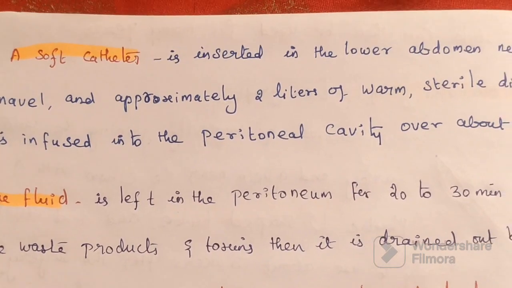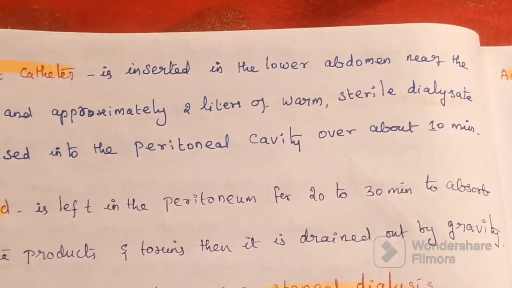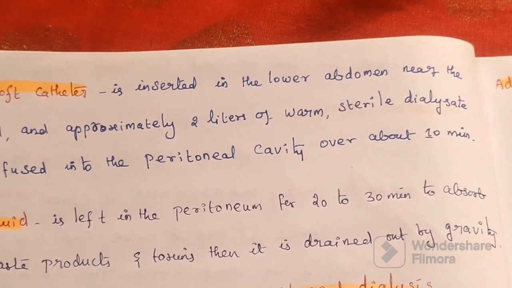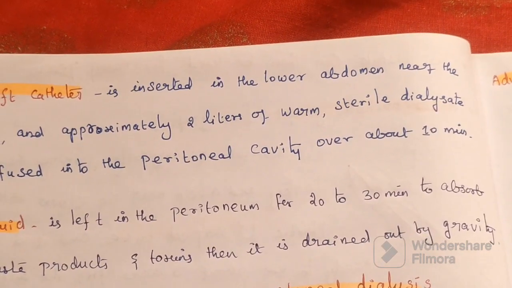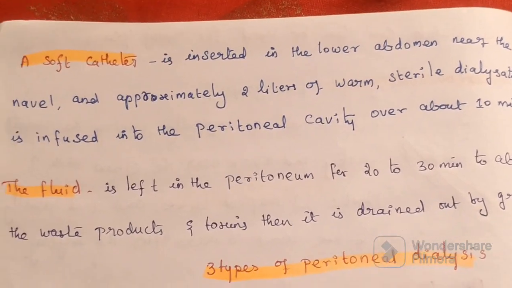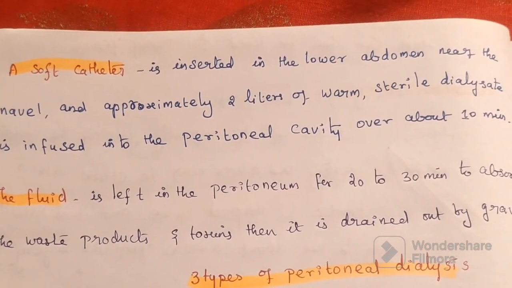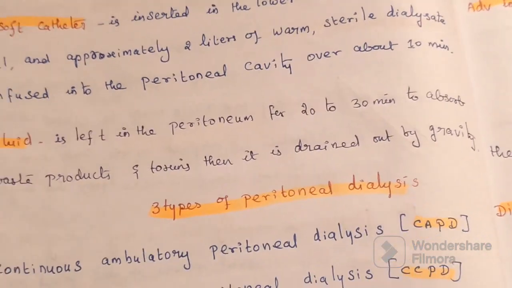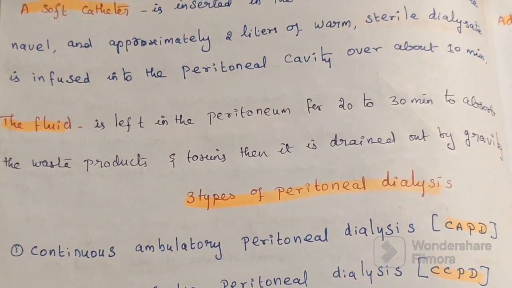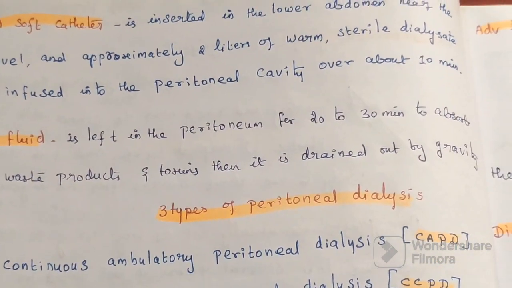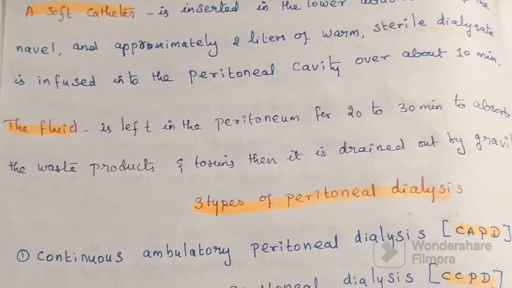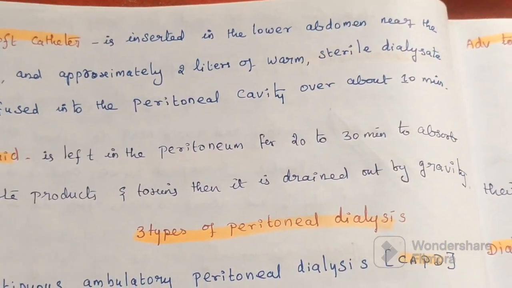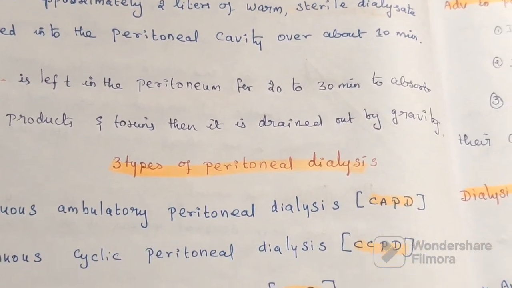A soft catheter is inserted in the lower abdomen near the navel, and approximately 2 liters of warm sterile dialysate is infused into the peritoneal cavity over about 10 minutes. The fluid is left in the peritoneum for 20 to 30 minutes to absorb the waste products and toxins. Then it is drained out by gravity.